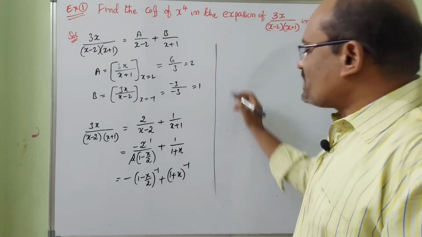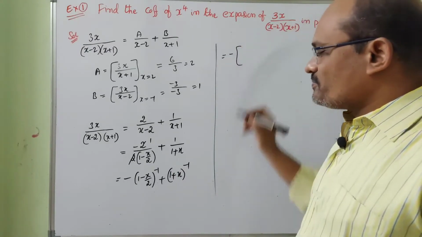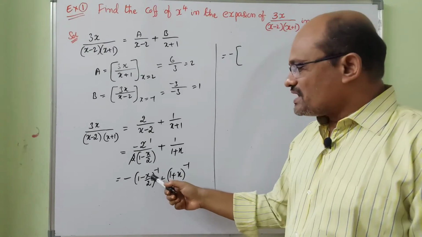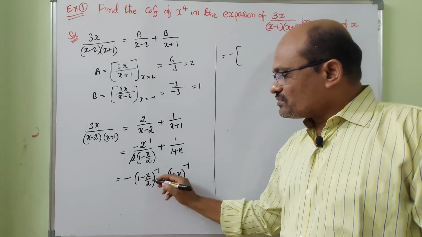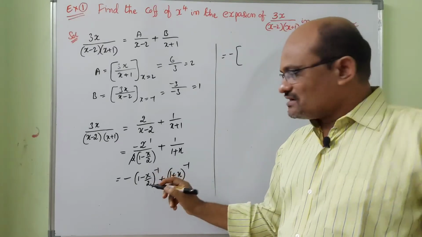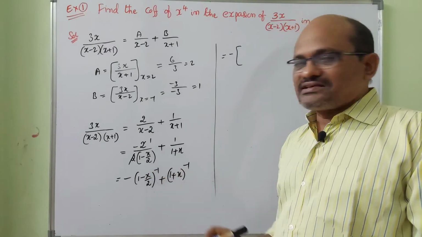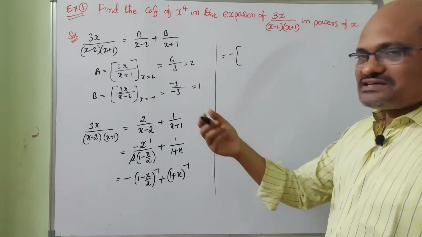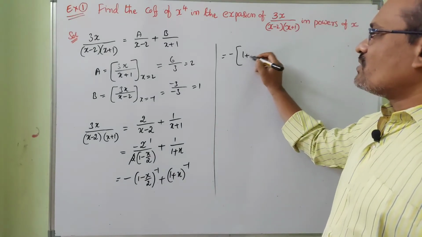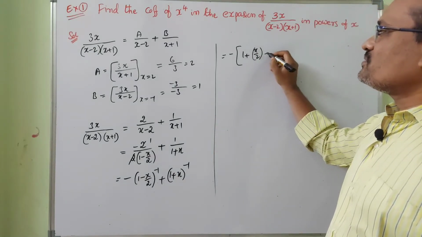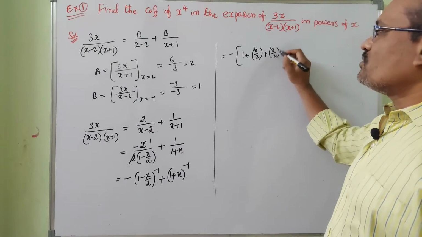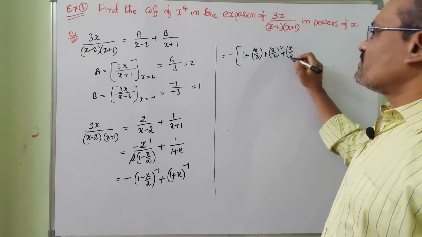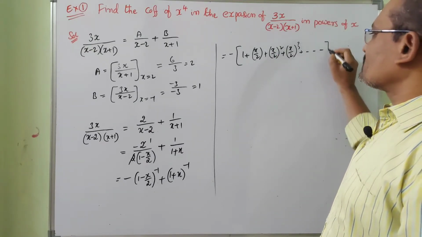Now write the expansions. I already told you the expansions for 1 minus x whole power minus 1, if you just consider x by 2 as x. What I said earlier, the expansions are 1 plus x by 2 plus x by 2 whole square plus x by 2 whole cube plus so on.